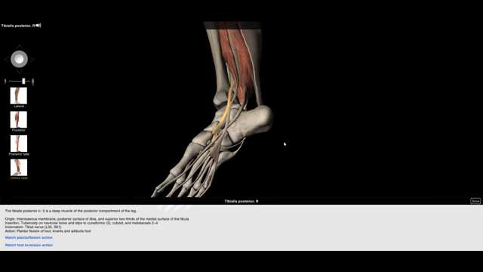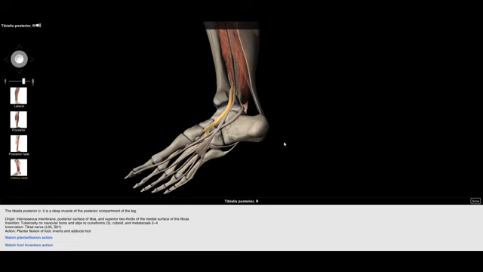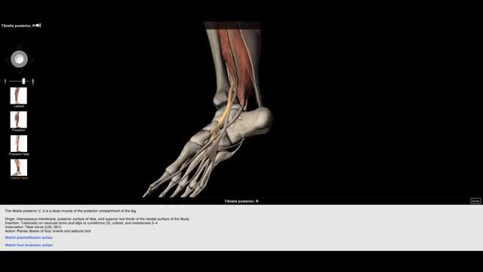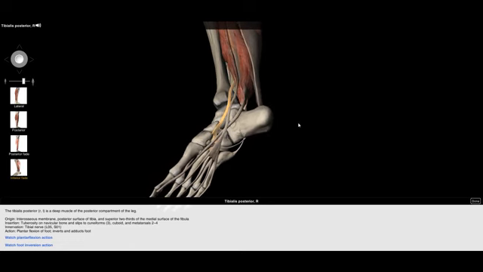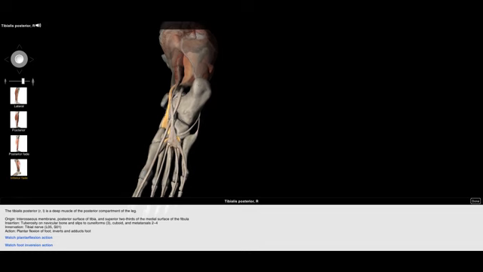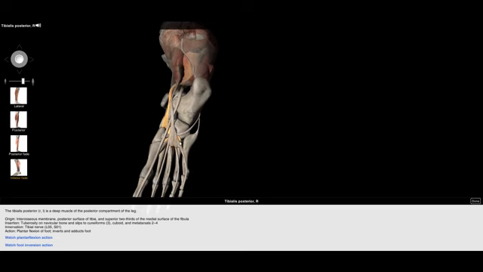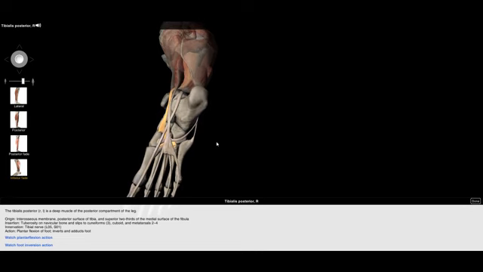And then on the medial aspect, our other plantar flexor is the tibialis posterior, which is a deep muscle, and it inserts into the navicular tubercle and then into the bases of the second, third, and fourth metatarsals. It's innervated by the tibial nerve.